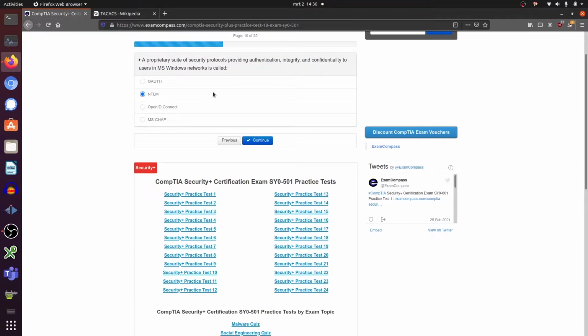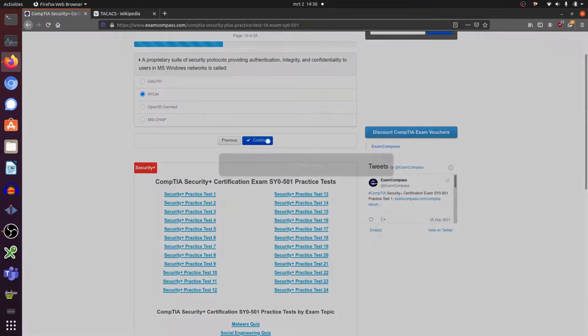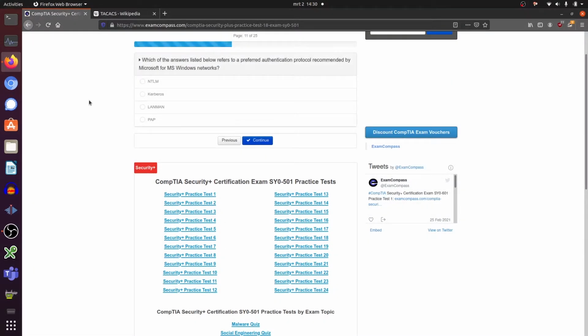NTLM, I guess. You would say MS Chat because you think it's Microsoft, but it's actually something else. I think for this case, NTLM. I'm not sure. Which of the answers listed below refers to a preferred authentication protocol recommended by Microsoft Windows networks? That's Kerberos.